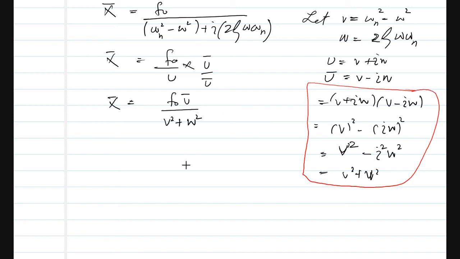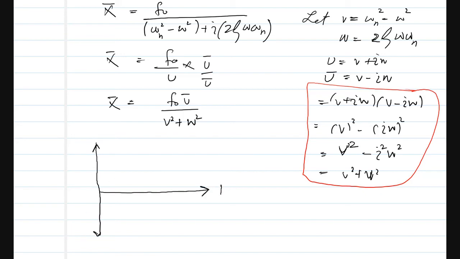Clear? Now in fact the complex number is moved into the numerator. So what you can now see is that after that we just plot u and u bar on a complex plane.